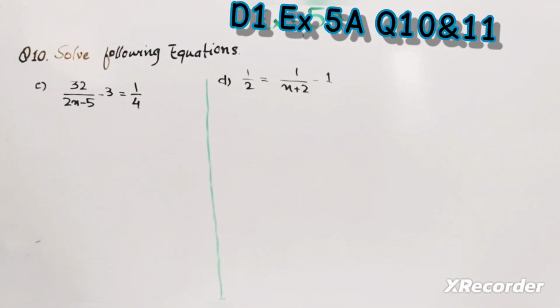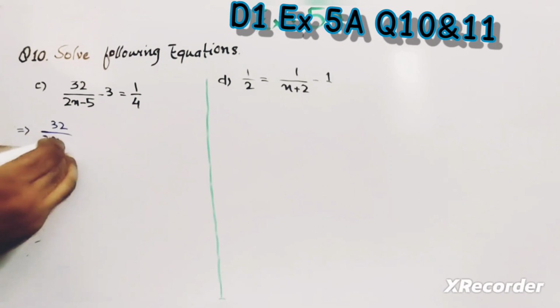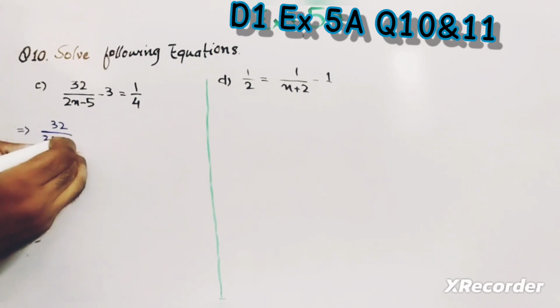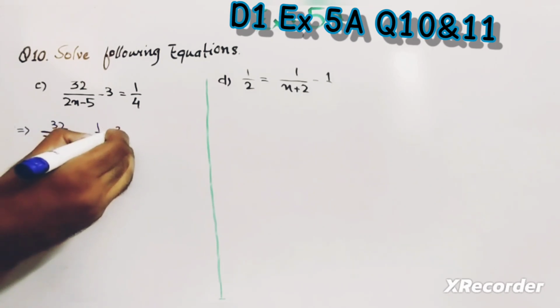Now moving forward to part C, 32 upon 2x less 5 minus 3 is equal to 1 upon 4. Let's start. In first step, we move minus 3 to the second side like that. 1 upon 4 plus 3.